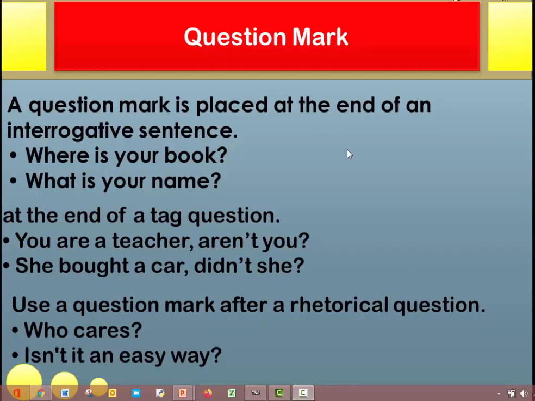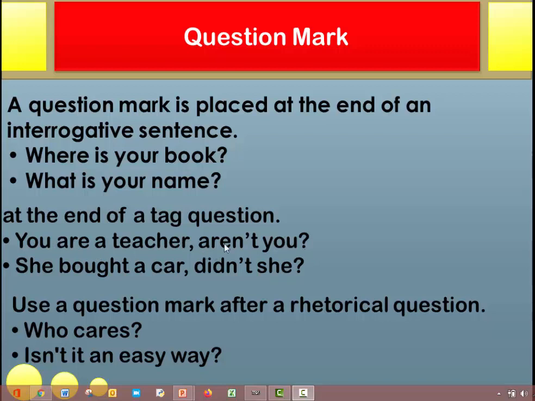Now the question mark. A question mark is placed at the end of an interrogative sentence. Where is your book? What is your name? Also at the end of a tag question: You are a teacher, aren't you? What is a tag question? A question that is generally asked to confirm a statement made by the speaker. Here, you are a teacher is a statement made by the speaker, but the speaker still wants to confirm it, aren't you?